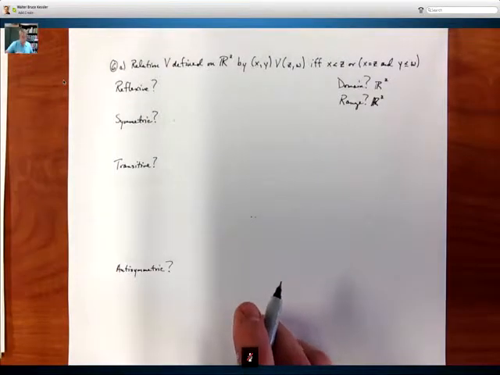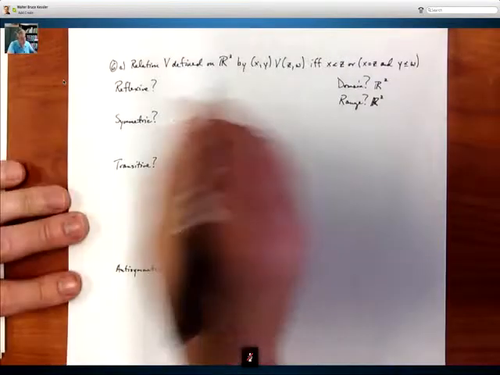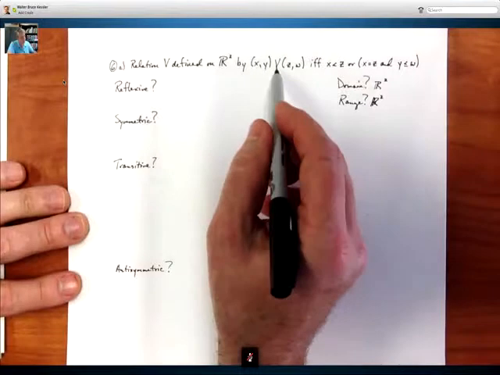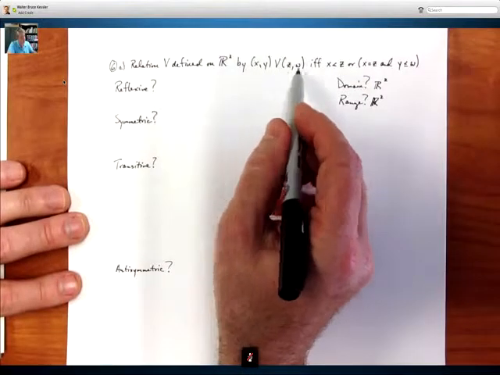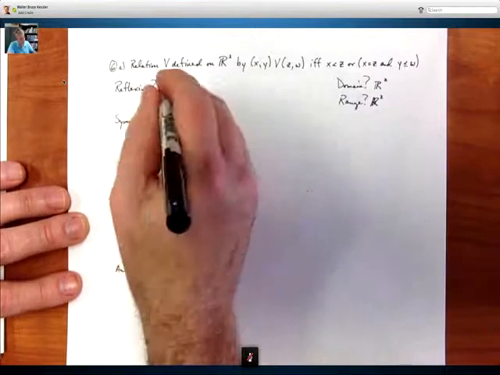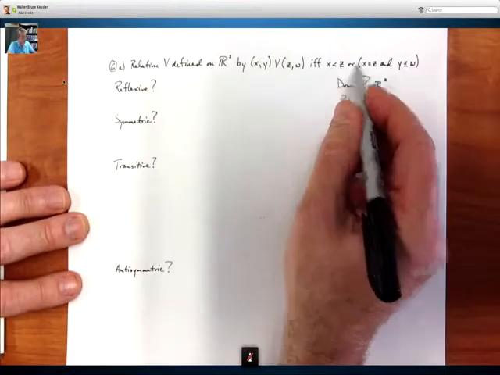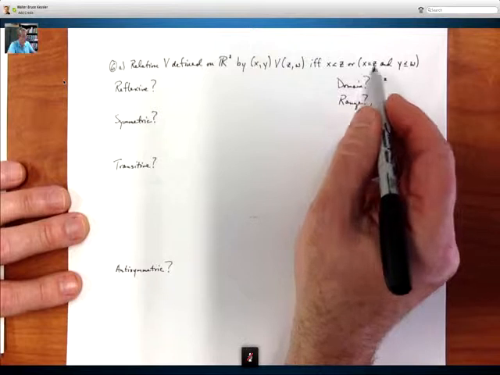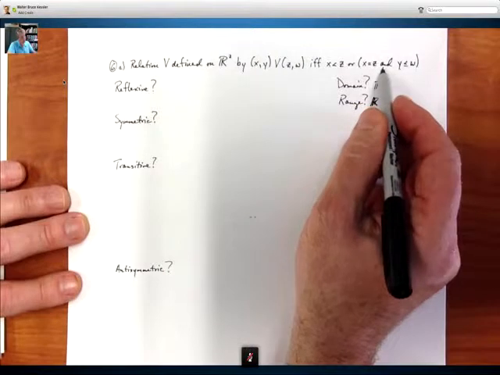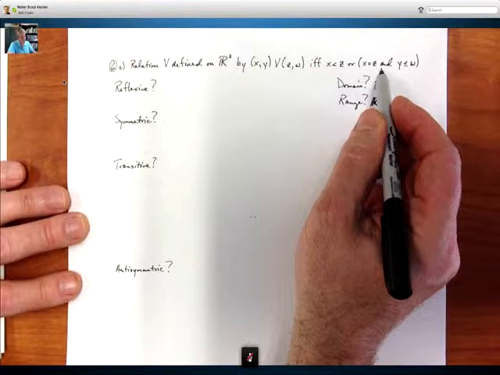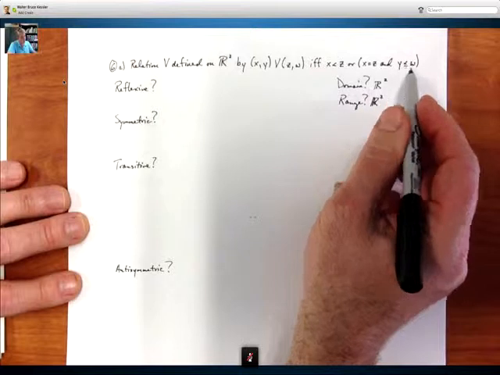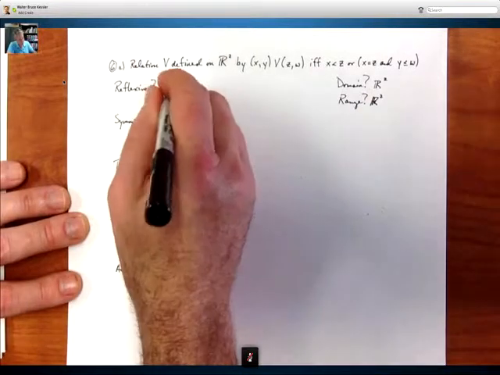Okay, so let's talk now about reflexive. Is xy related to xy? Well, sure. x would not be less than x, but x would equal x, and y would be less than or equal to y.